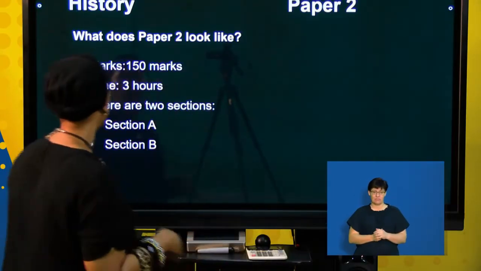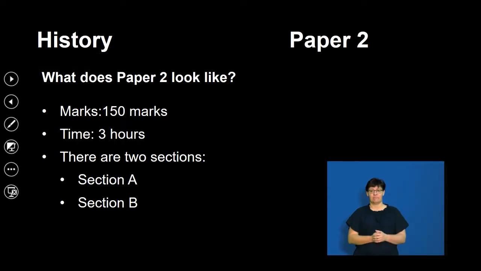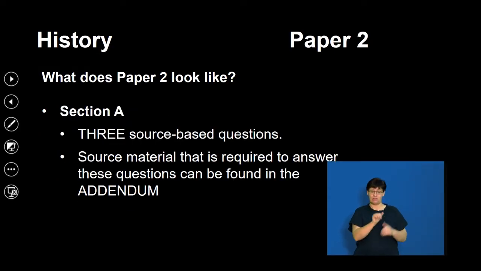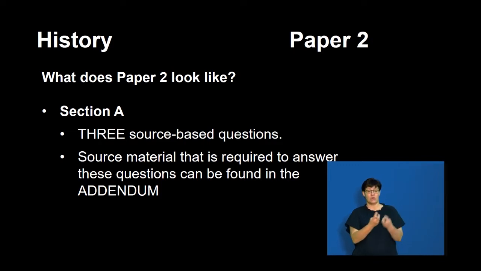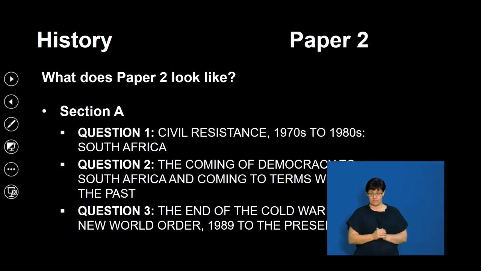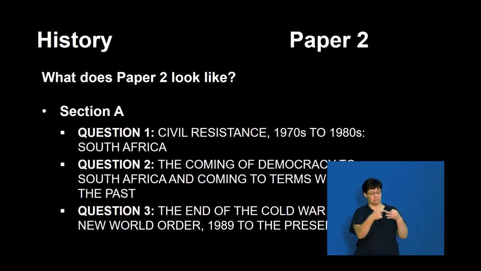Okay, let's carry on. So, if you look at Section A, there are 3 source-based questions, and there will be a source material booklet that contains the different sources that are required to answer these questions. There are 3 questions that you have to choose from.